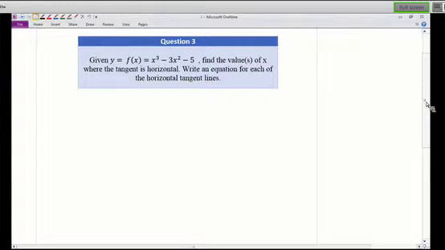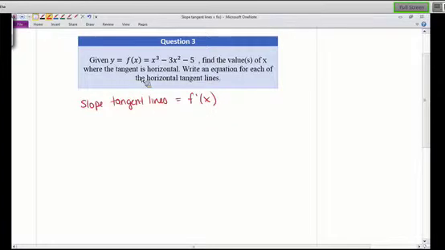So the question asks us to find the values of x where the tangent is horizontal. Now, it's important to remember that the slope of tangent lines is equal to the derivative of your function.